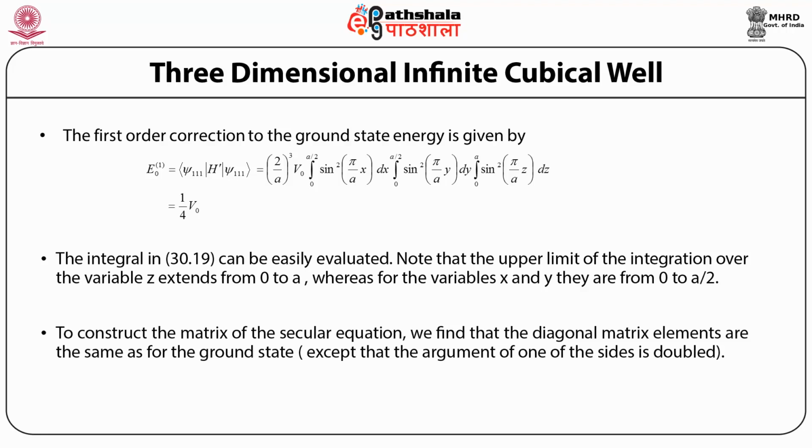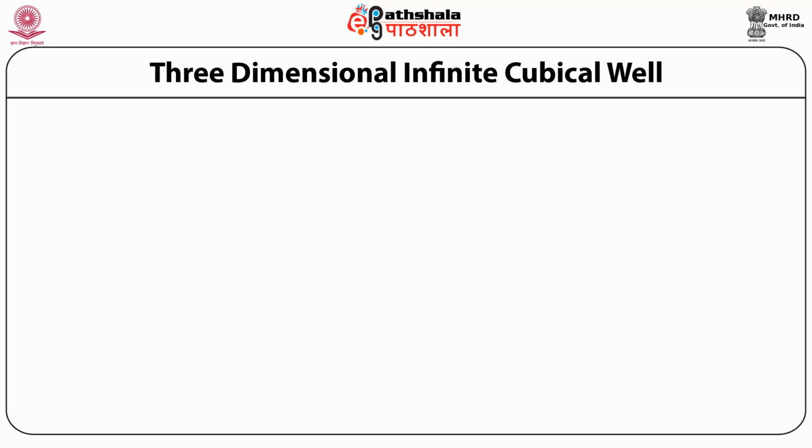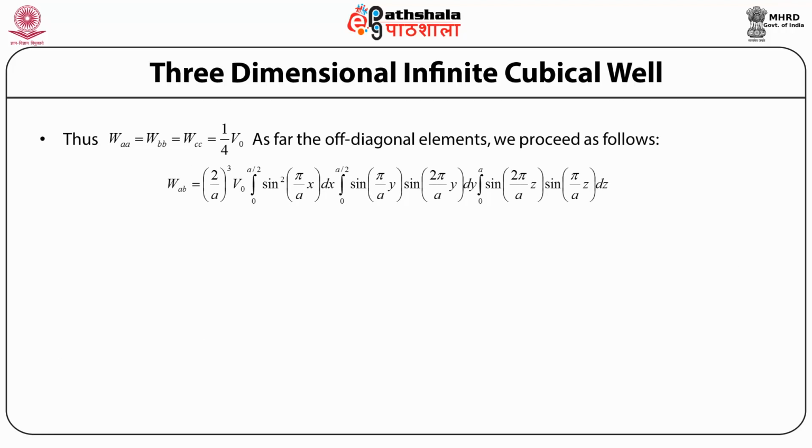To construct the matrix of the secular equation, we find that the diagonal matrix elements are the same as for the ground state, except that the argument of one of the sides is doubled. Thus, WAA equals WBB equals WCC, that is 1 by 4 into V0.